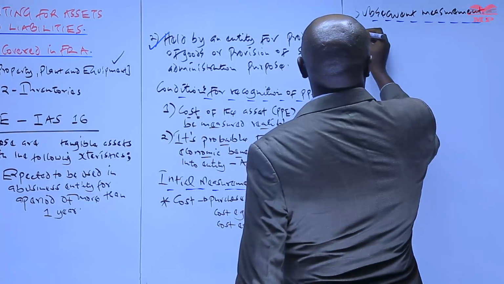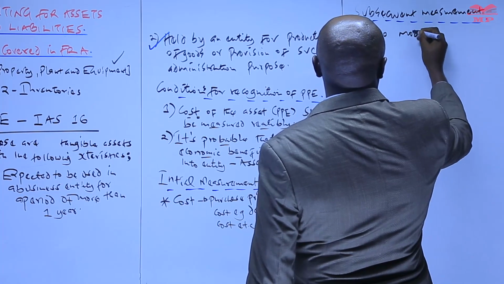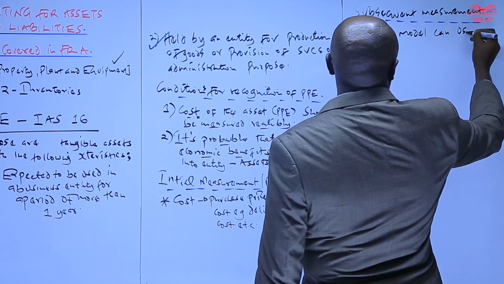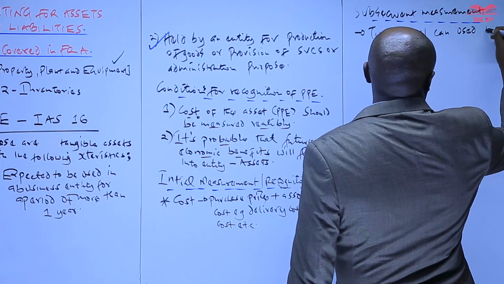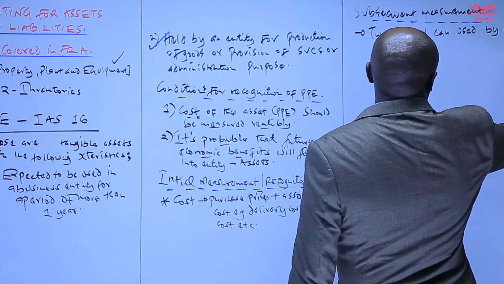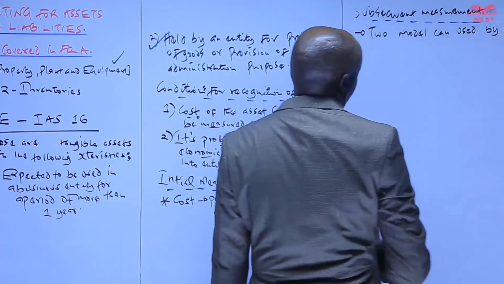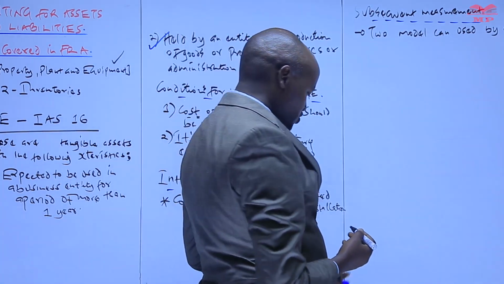Two models can be used by an entity to determine the value of an item of PP to be recorded in the statement of financial position.